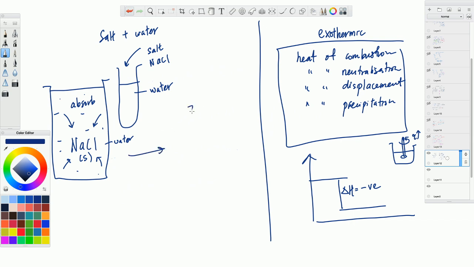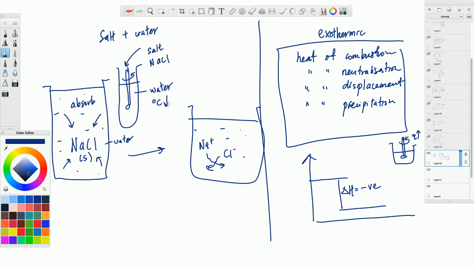When it becomes sodium ion and chloride ion in the water, it has now more energy. So it's freely moving. Okay? But if you take a thermometer and you stir and you measure, you will see the temperature went down. Okay, the temperature went down. And if you touch it with your hand, you will see that it's cold. This is called endothermic.